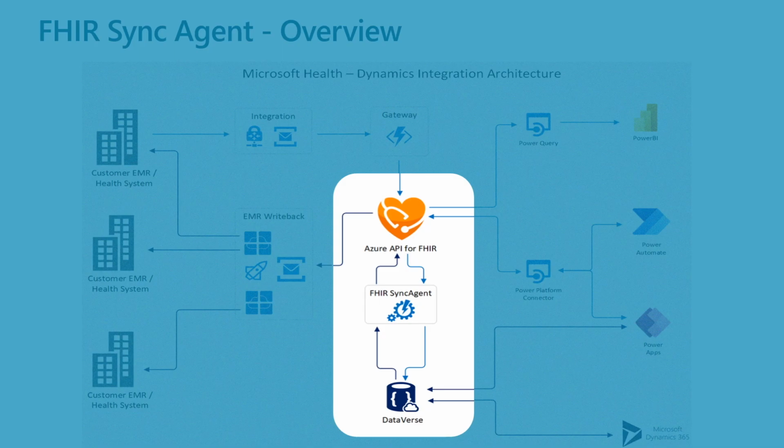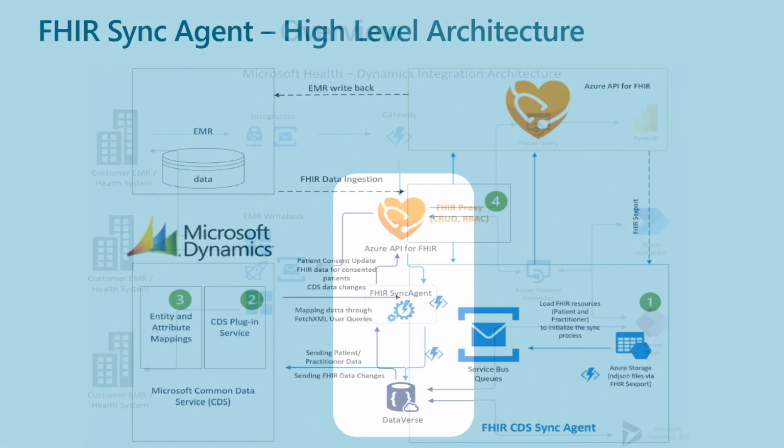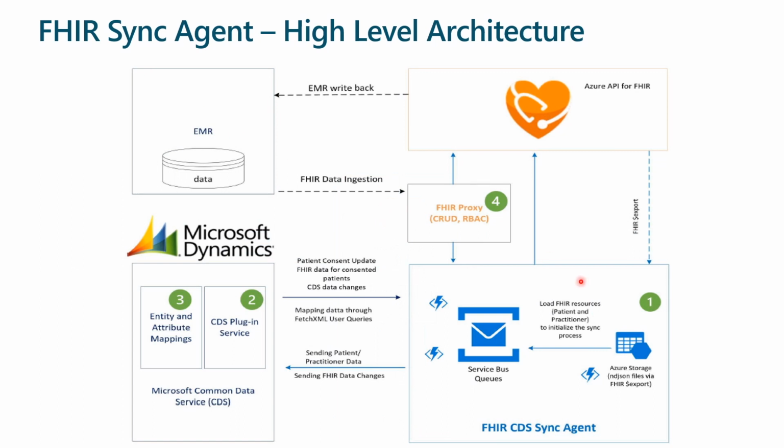In this tech talk, we'll explore further these highlighted areas. Since the FHIR Sync Agent helps to sync between two solutions, we concentrate around the FHIR Sync Agent. This is an expanded view of FHIR Sync Agent highlighted in the previous slide.